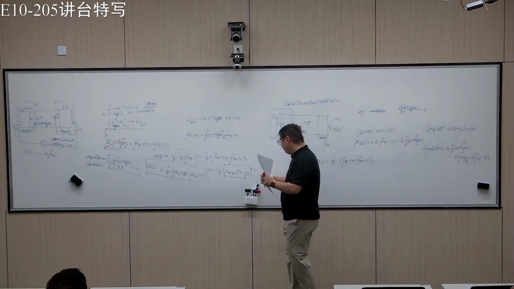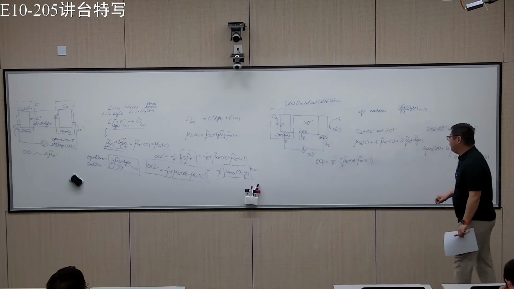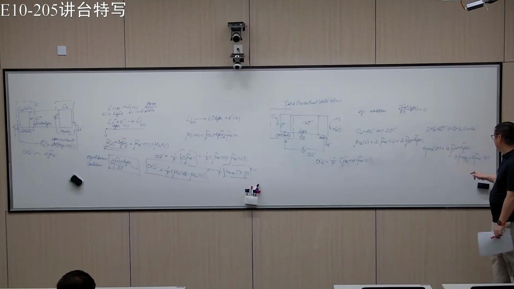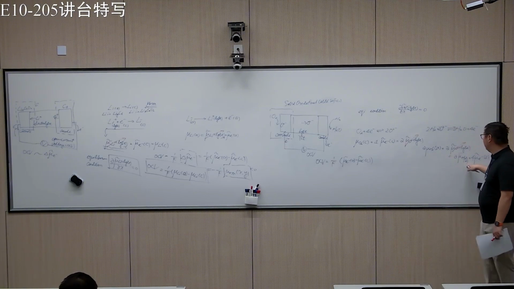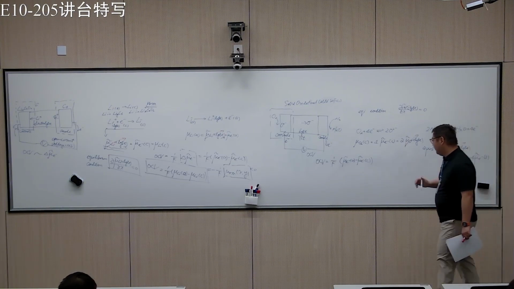Then if you do a little bit of analysis, you move the mu of the cathode here. But remember that you have 4 because you have the stoichiometry, right?